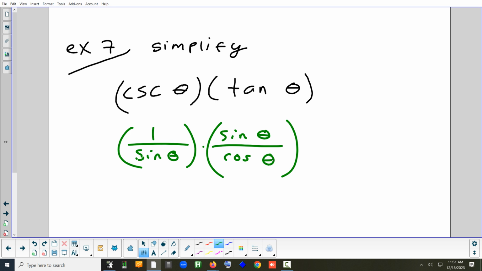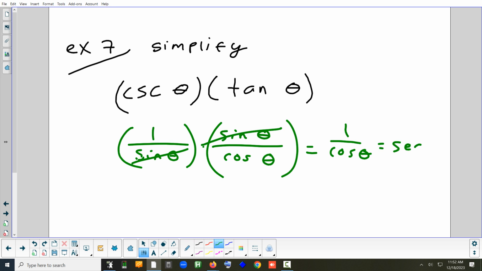Now think about what's going to happen when you multiply them straight across. Those sines are going to cancel out, because whenever you're multiplying, you have the same thing in the top and the bottom. And what do you have left here? It would be 1 over cosine, which would be equal to secant.